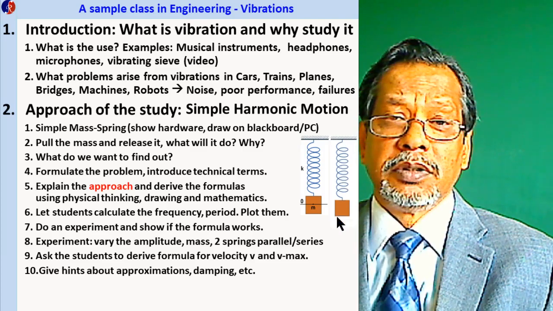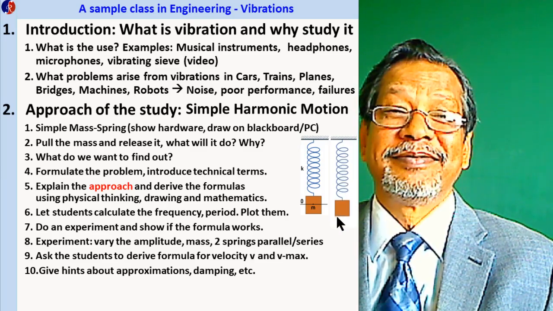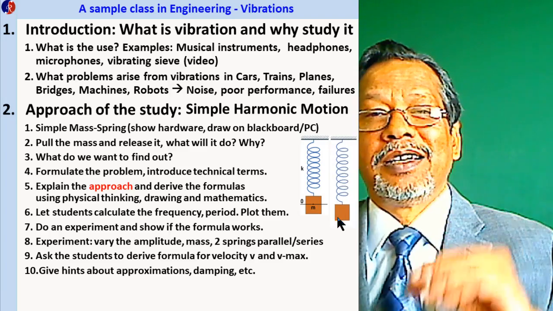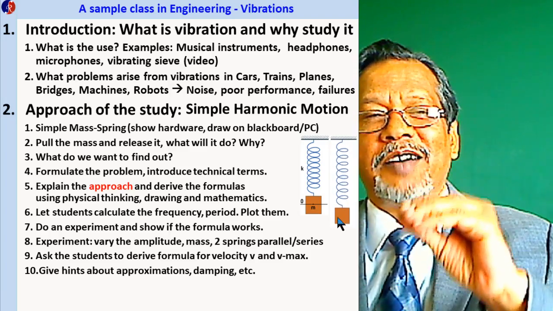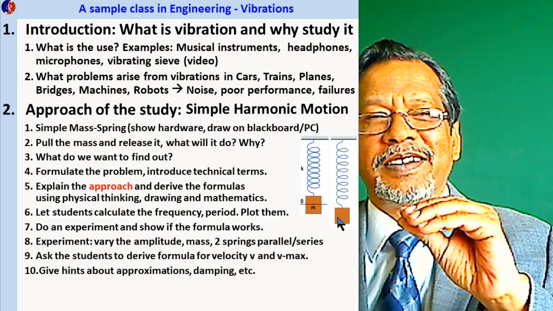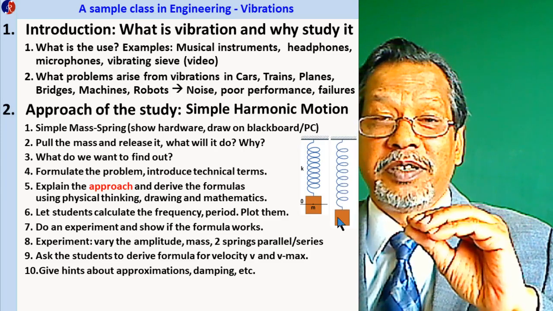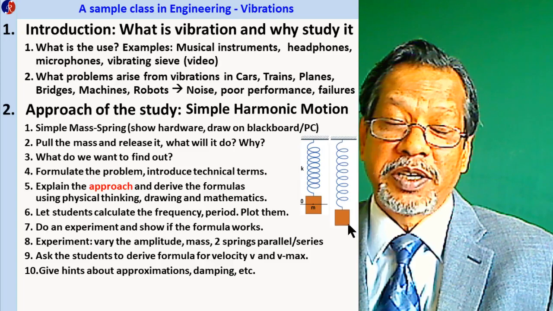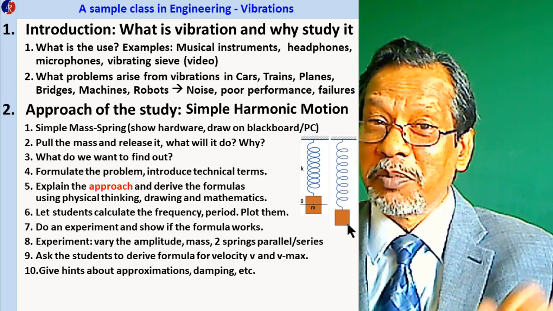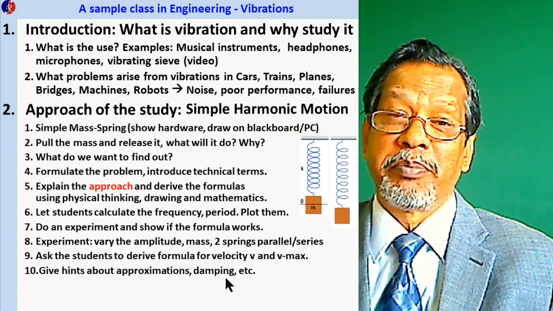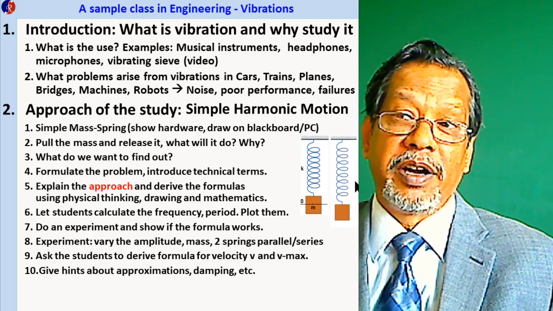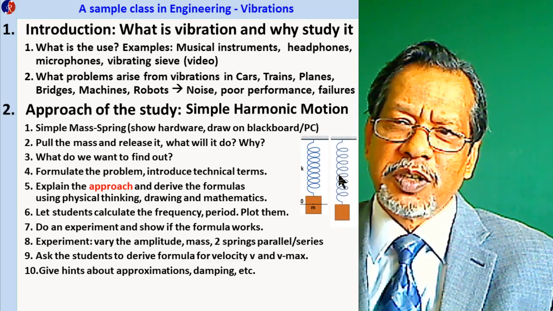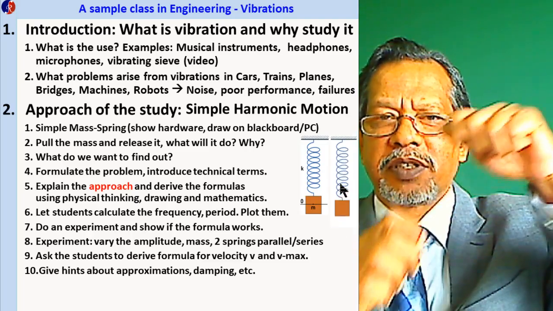What else? The real experiment that they see, it vibrates, and after some time becomes stationary, doesn't vibrate anymore. Here in theory, it's continuously vibrating. What's the difference? Let them think about that. You could throw in the term damping, viscous damping, because the air, maybe there is some energy loss because spring is being stretched and compressed.